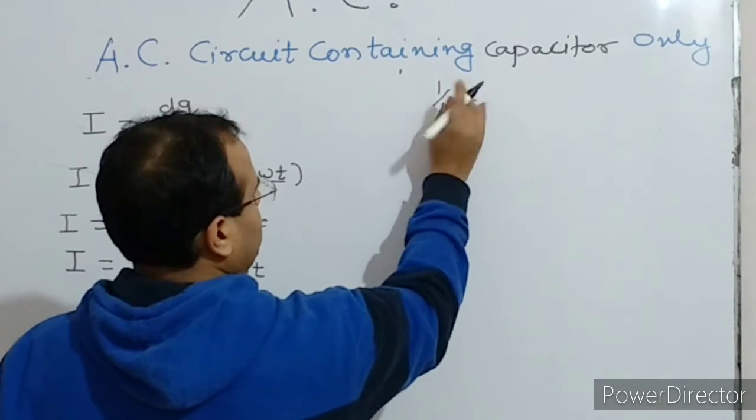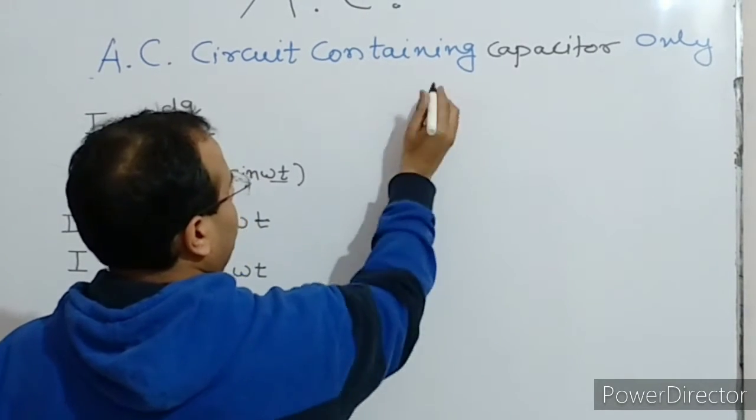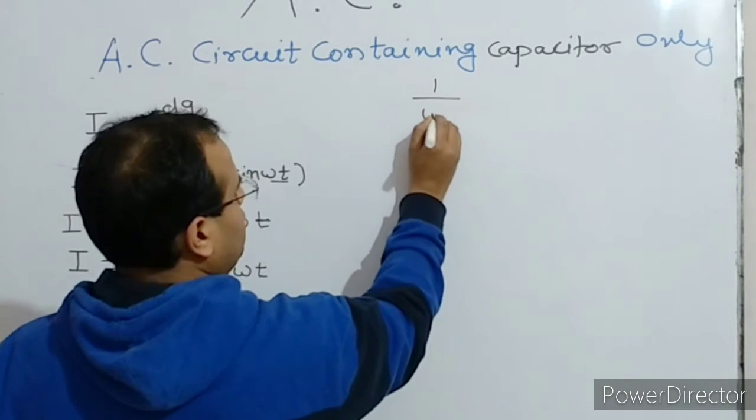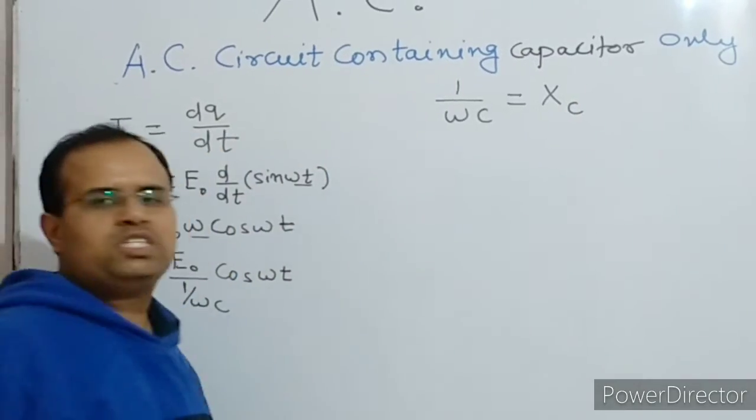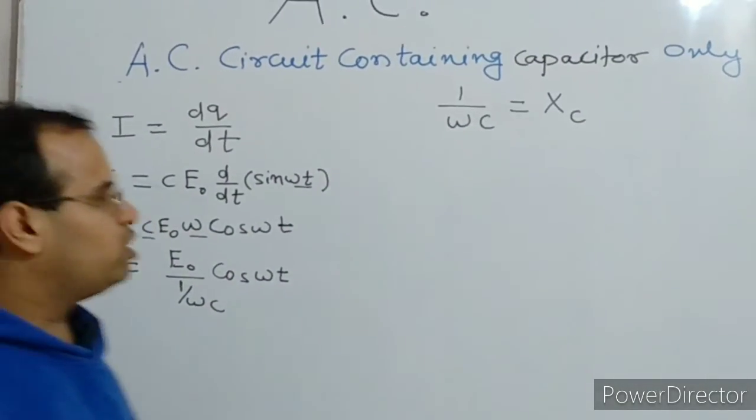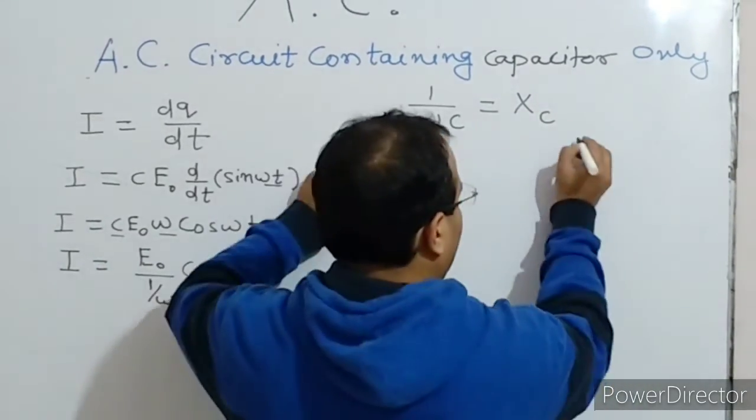Now you have to understand that this 1 upon omega C, we denote as Xc, and this is called capacitive reactance.